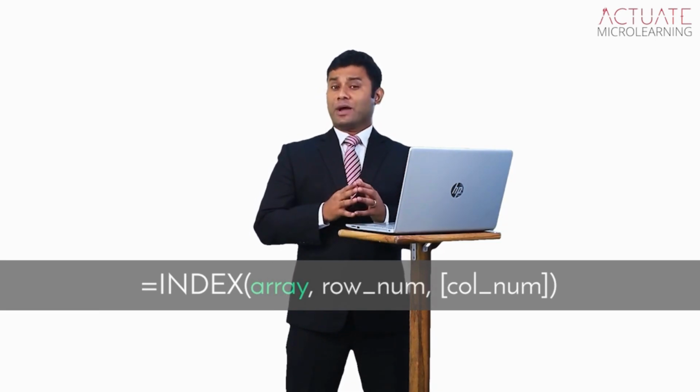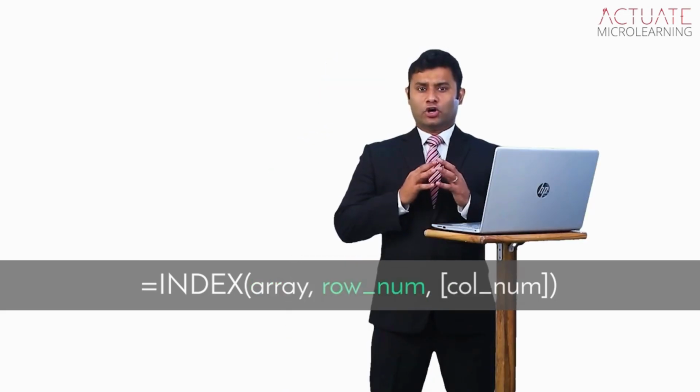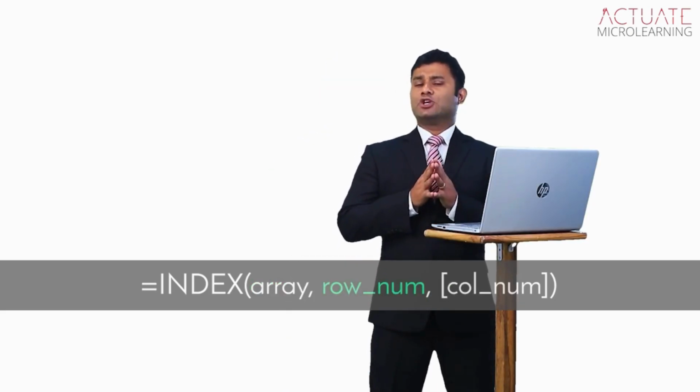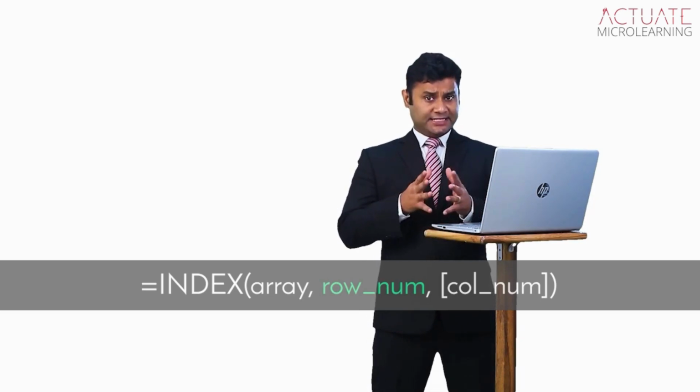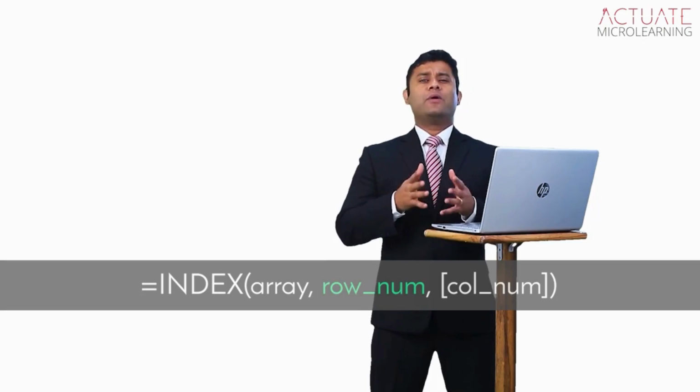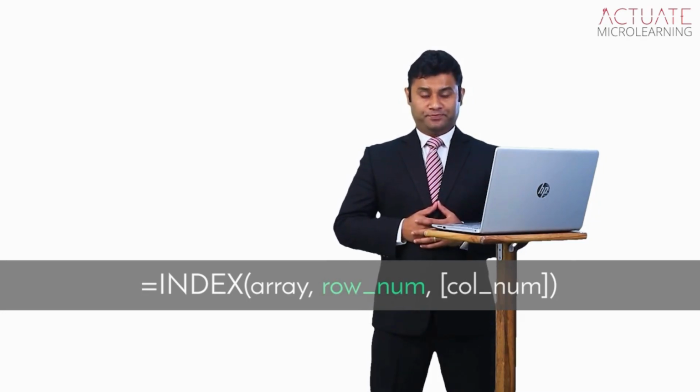Depending on which one is applicable to our sheet, we need to add the row_num and [col_num] parameters. Row_num is an optional parameter and is the row in the table array where we need to find the value.